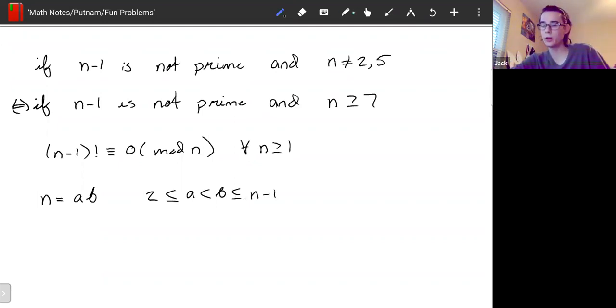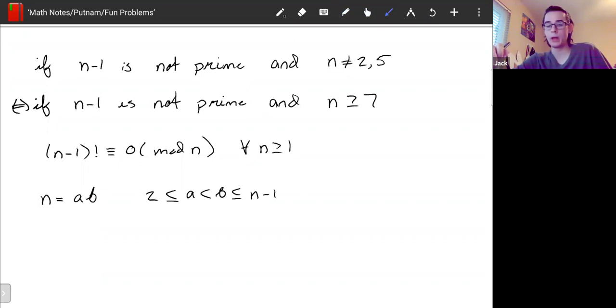So in this case here, we see that a doesn't equal b, and that neither a nor b is n or 1, by this stipulation here. So a can't be 1 and b can't be n.